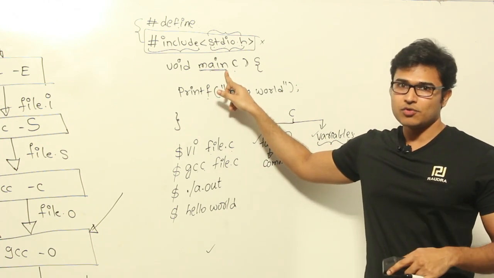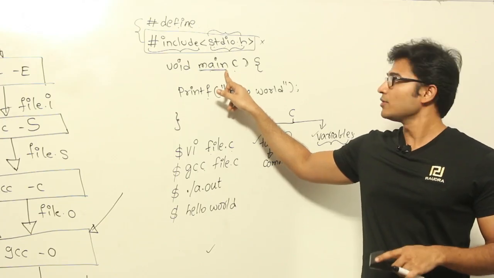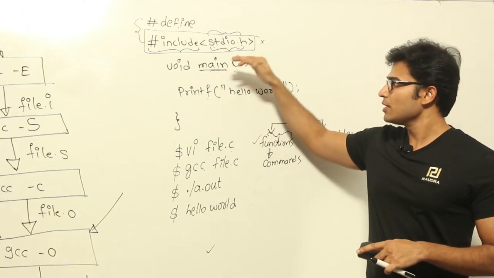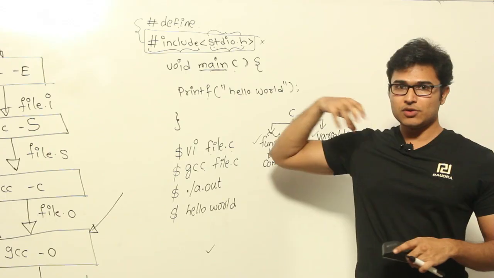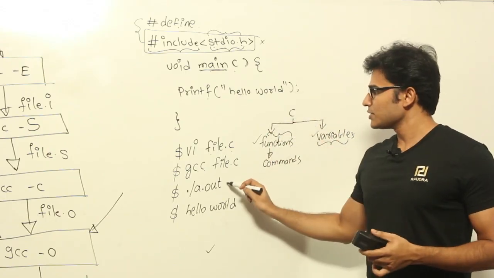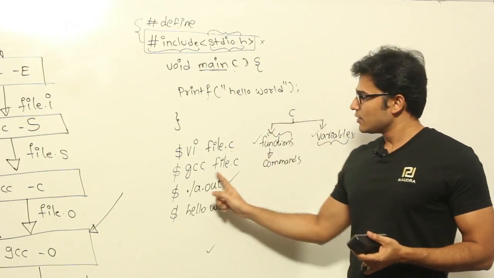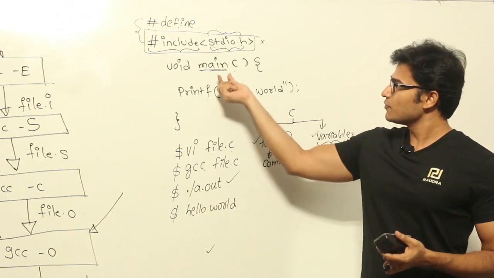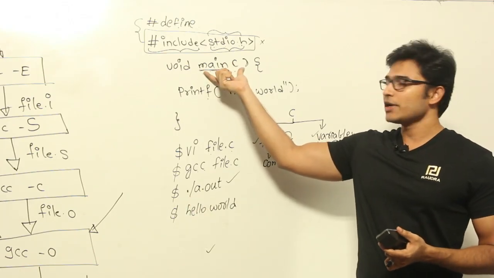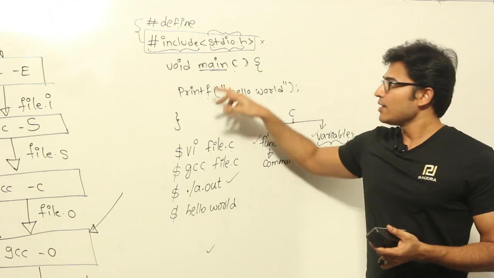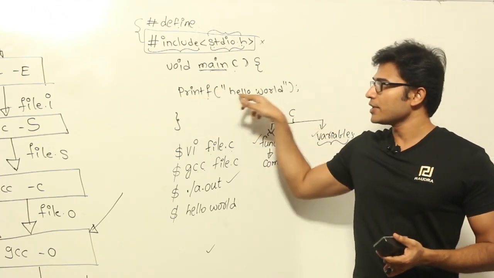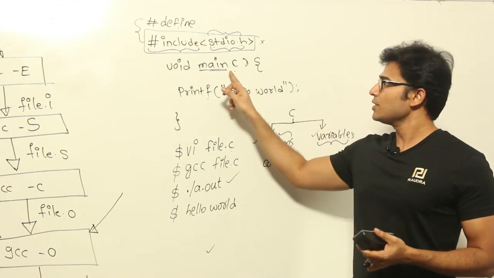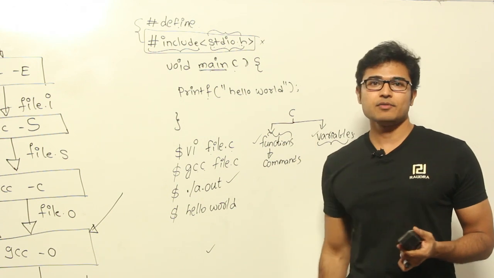Whenever you start running a program, it will start running from the main function. So when you give the command, let's say ./a.out, then in order to run this program, our operating system will search for the main function inside the program, go into it and start executing from there. That is why every program, if you want to run it, should contain main.